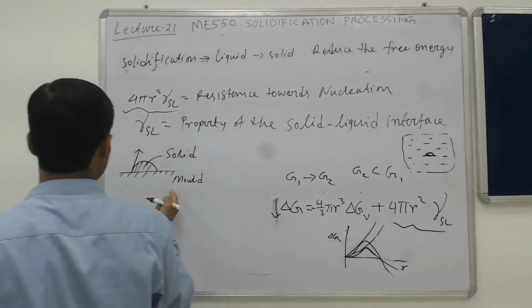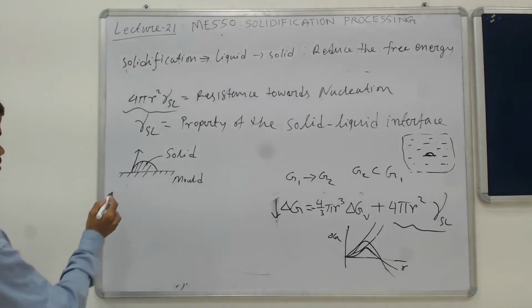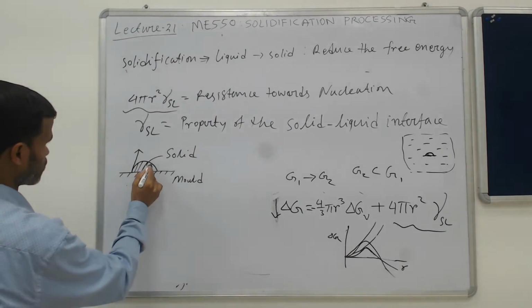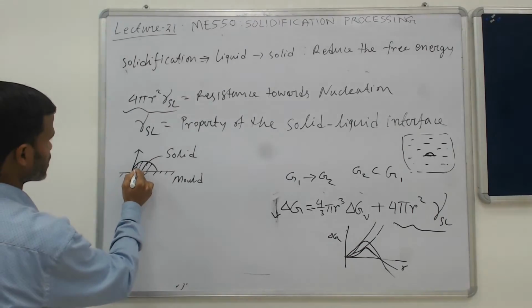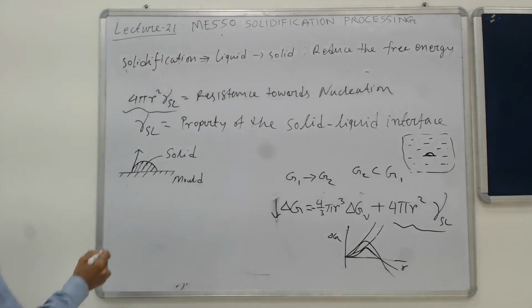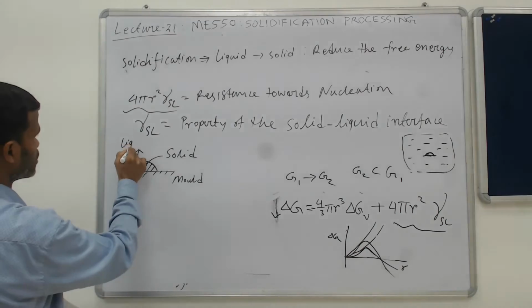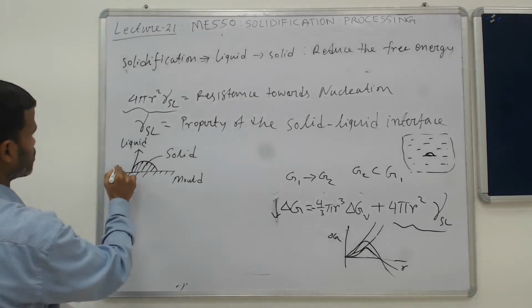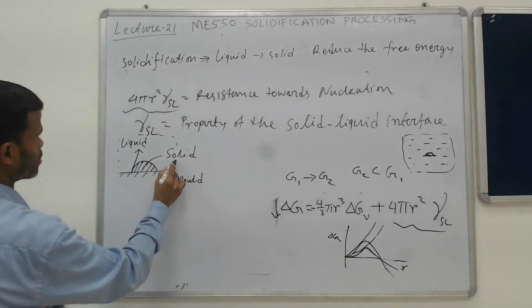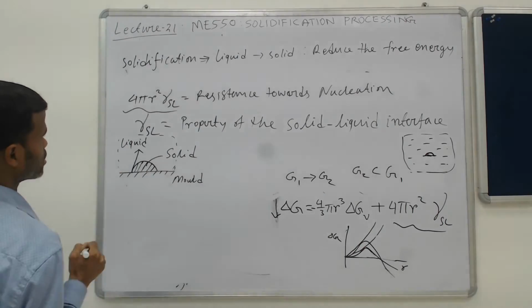So now when you have this mold, what will happen? Suppose on the mold surface one spherical cap is nucleated from the liquid. So you have the liquid surrounding all, you have the solid phase, and this is the mold.